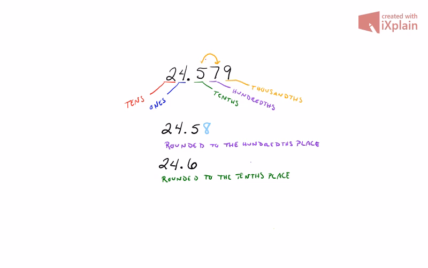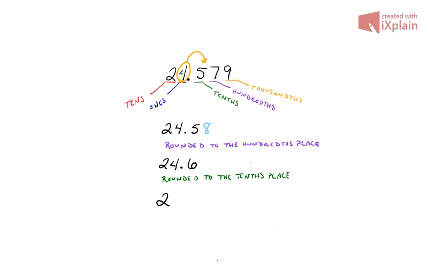Let's just do one more. Let's say I want you to round to the ones place. So I know that my goal is going to be at the ones place. I'm going to look to the right, and I have a 5. So this means, again, the 2 is not going to be affected because it's to the left of our desired spot.